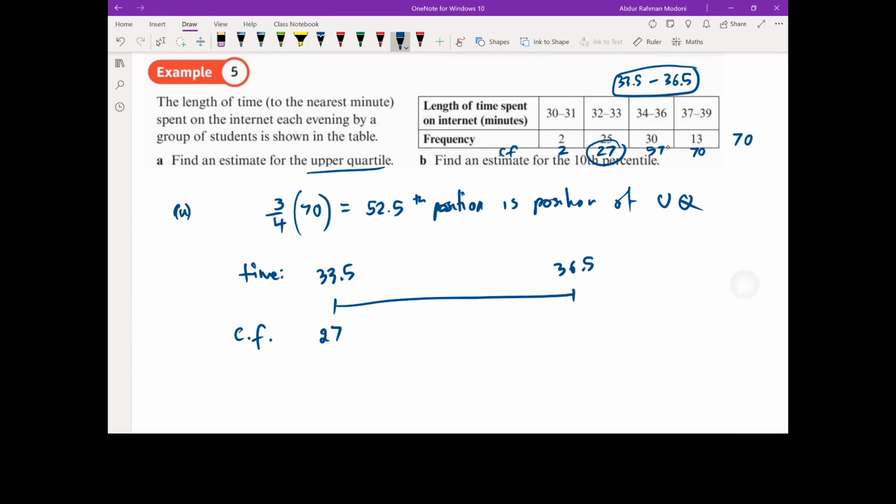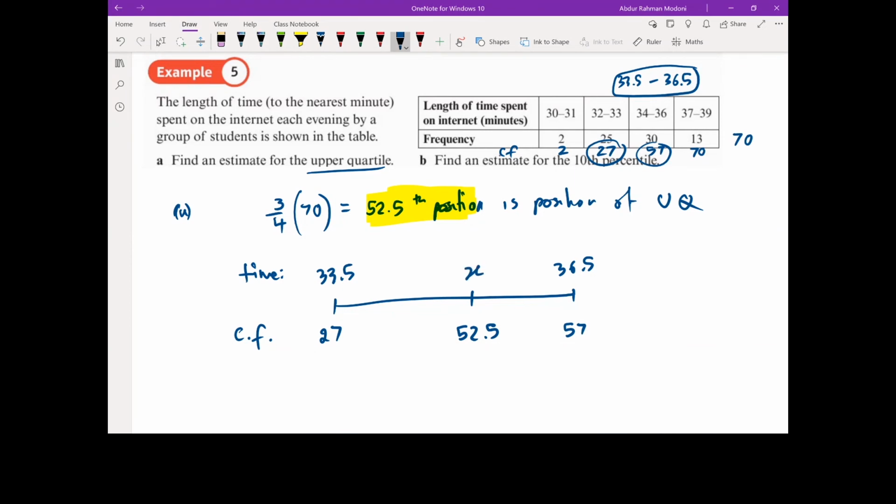And up to 36.5, which is the upper limit, it goes to 57. I'm interested in finding the 52.5th position. So I would indicate where 52.5 is. It's somewhere along here. I don't know exactly where it is. And I need to find out what is the time at that position. So I'm interested in this value here, which is an unknown.